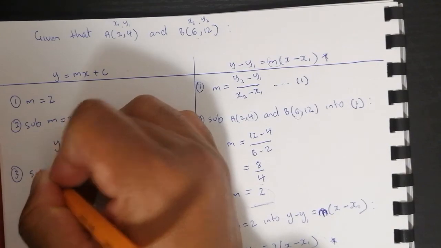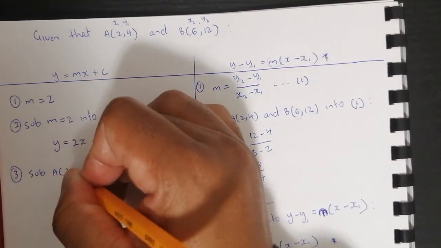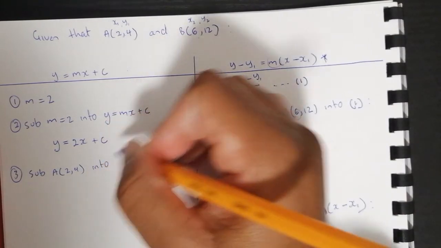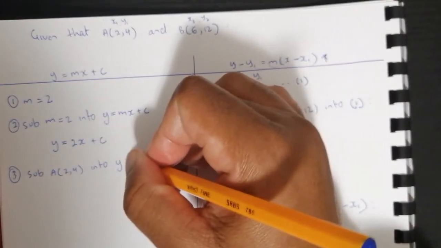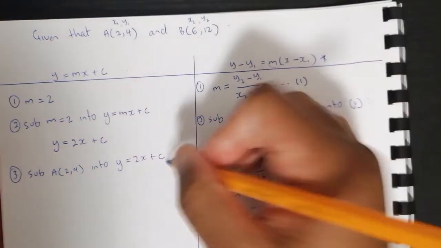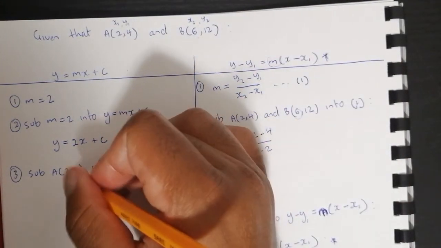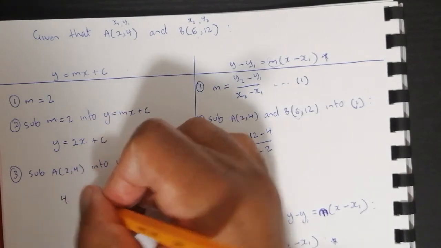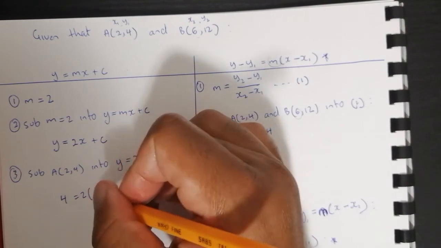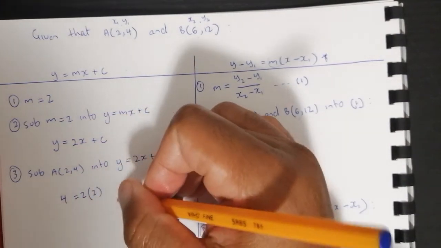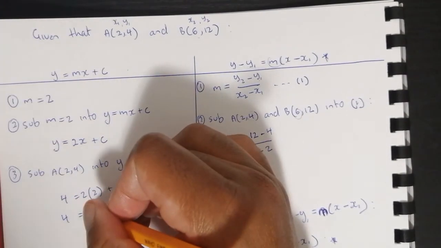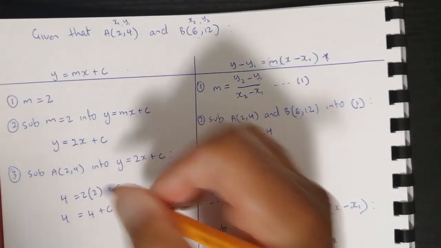So firstly we're going to sub A into y equals 2x plus c, and then that just gives us, for y we sub 4 equals 2, and then for x we substitute 2 plus c, and that gives us 4 equals 4 plus c.